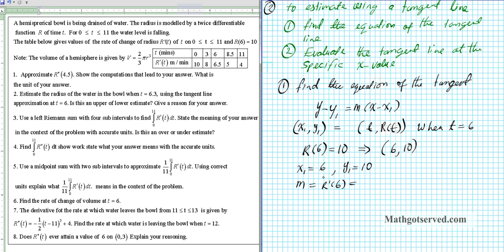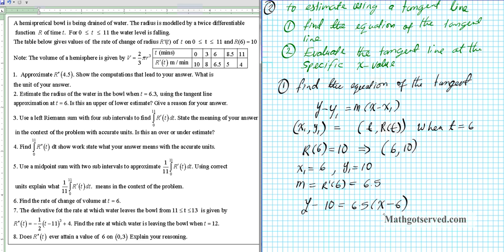So what is r prime of 6? We just simply use our time and derivative relation table to generate what r prime of 6 is. So we can see here that r prime of 6 is equal to 6.5. So the slope is 6.5. Now what is the equation of our tangent line? It's going to be y minus y1, y1 is 10, is equal to the slope m times x minus x1, which is 6.